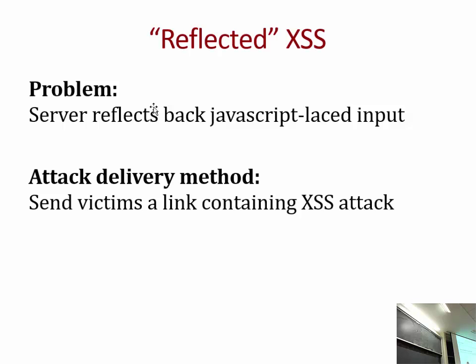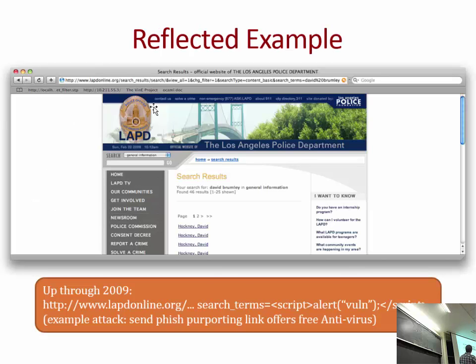When you follow that link and talk to that page, it reflects that extra information back, and you then execute that code in your browser because it was reflected by the page. Did that make any sense? Give an example, right? So we're sending victims a link containing cross-site scripting. Suppose this is a real thing from until like 2009 or something: LAPD. Let's hack the LAPD. Or let's use the LAPD to our advantage to hack something.